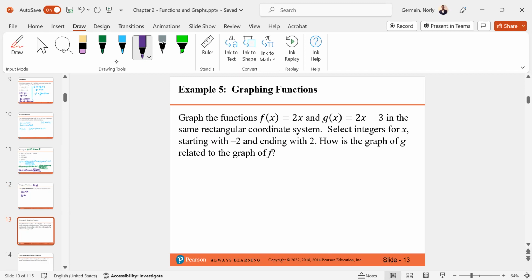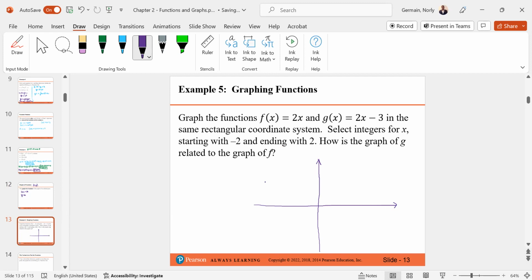So, suppose I'm going to do it this way. I would assume this is my xy plane. You can call it different names: rectangular coordinate system, Cartesian coordinate system, or xy plane.